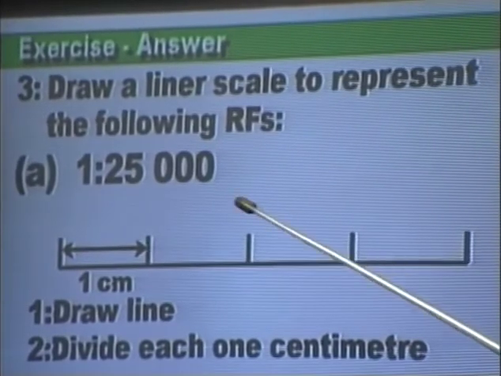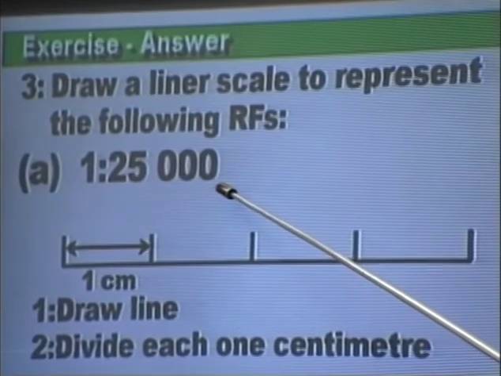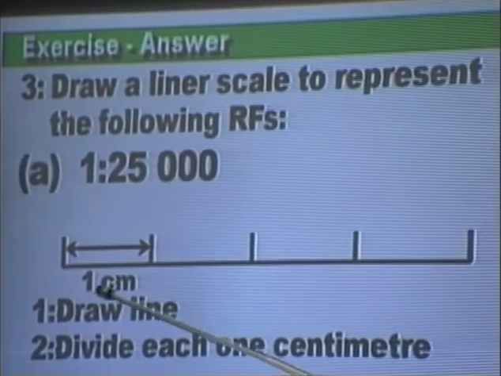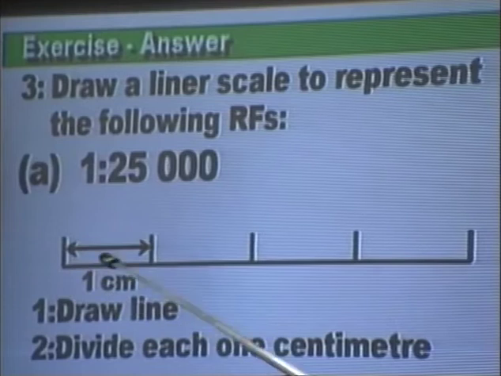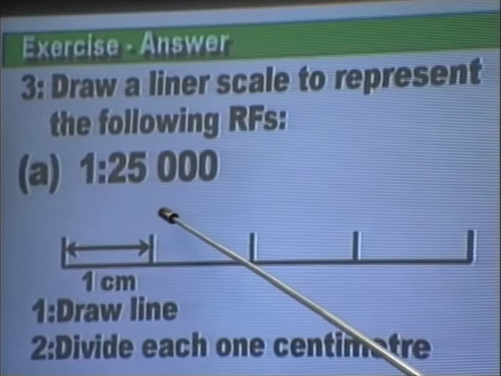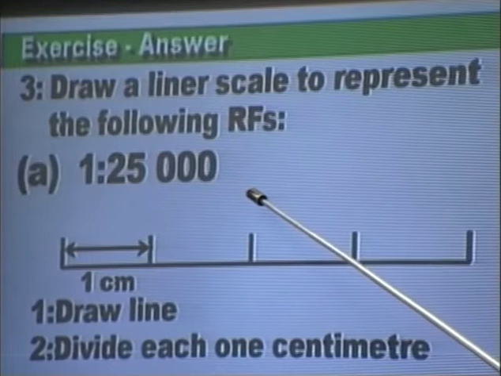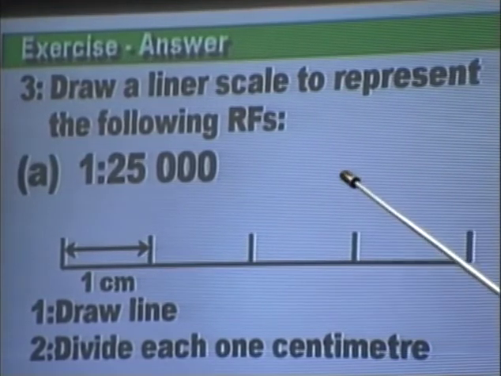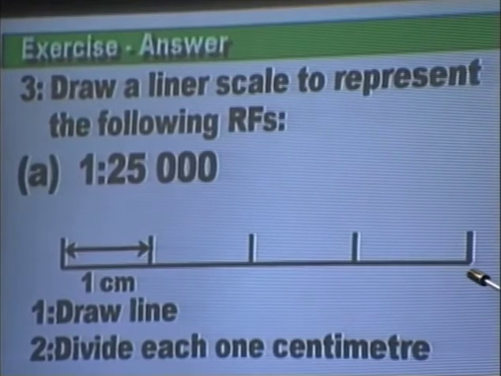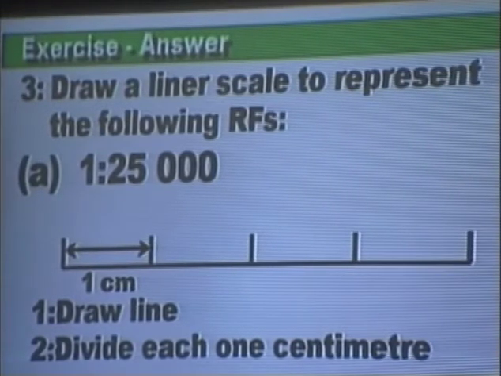Because you want to have a scale of 1:25,000, if I used meters to be represented with 1 centimeter, then for every 1 centimeter, it will be 250 meters. When I go 2 centimeters, it will be 500 meters. When I go 3 centimeters, it will be 750 meters. And by the time I reach 4 centimeters, it will be 1,000 meters. Okay? That's for those students who used meters.